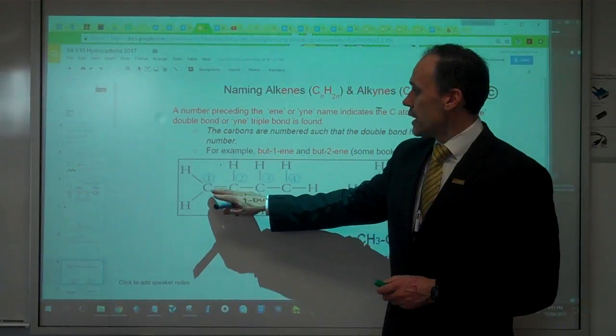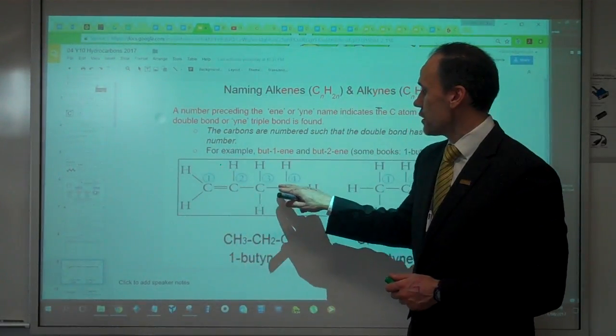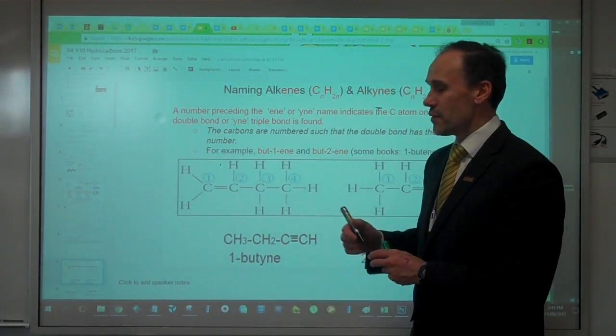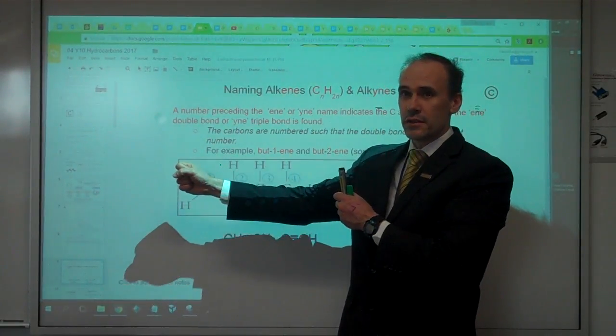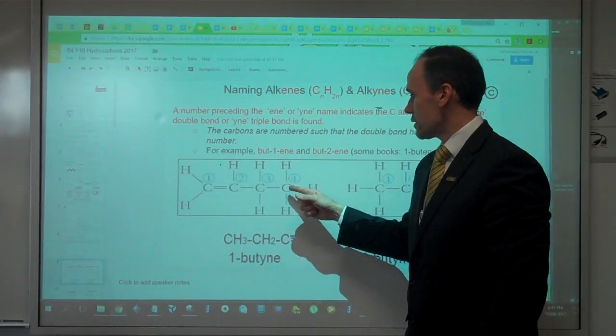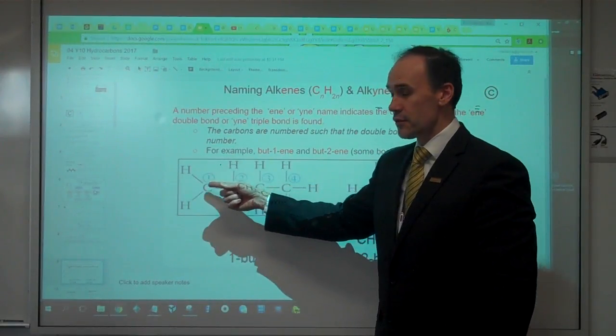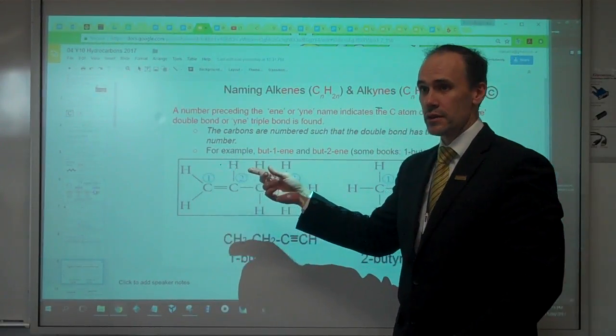If you look at the carbons, position 1, 2, 3, 4, that's a bit of a misnomer because if I grab that and turn it around, is it not the same molecule? It is. So I can also read it 1, 2, 3, 4, depending on how you want to go with things.